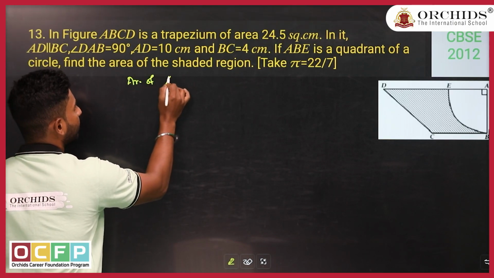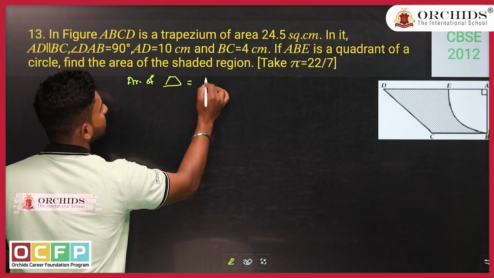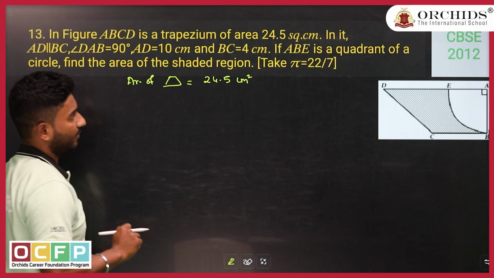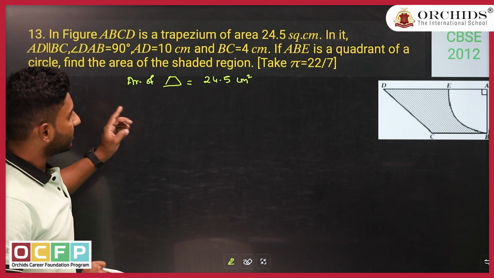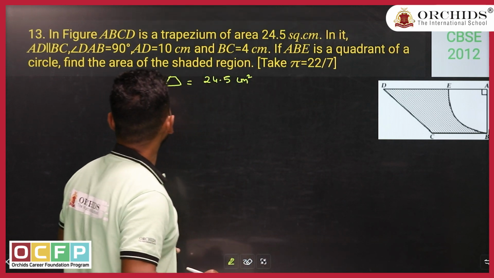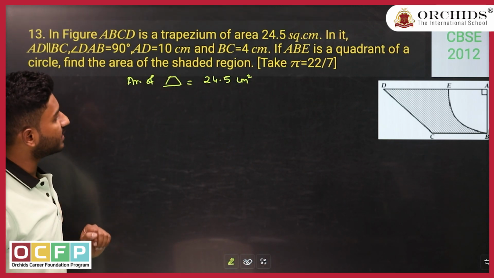Area of trapezium is 24.5 square centimeter. Here they have also given AD and BC. They are parallel. And DAB is 90 degree.